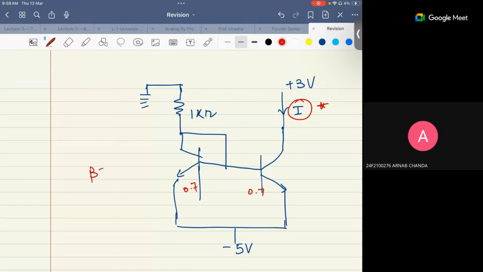Beta is given as very high. Information will be given like these are perfectly matched silicon transistors, both have the same emitter junction area. So everything will be given, and these are all the assumptions that we make. Then you get the current I is the same as I.